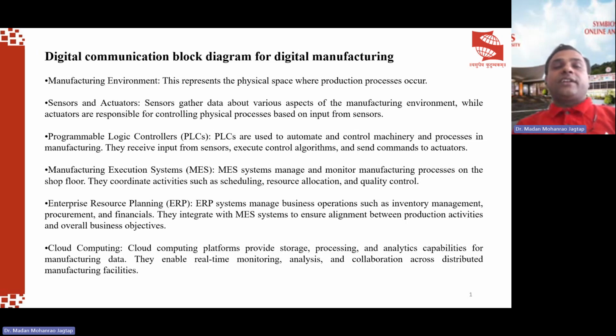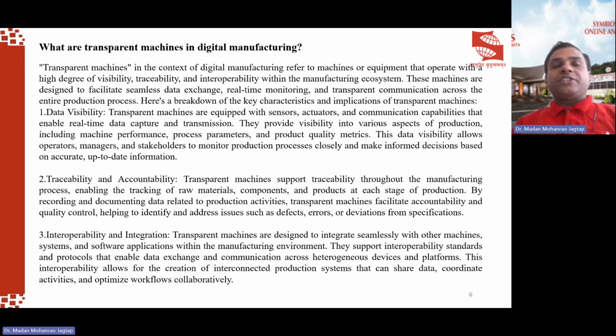What are transparent machines in digital manufacturing? The next question is about transparent machines in digital manufacturing. A transparent machine in the context of digital manufacturing refers to machines or equipment that operate with a high degree of visibility, where we can say a machine can be seen, can be traced, and can be interoperable within the manufacturing ecosystem.